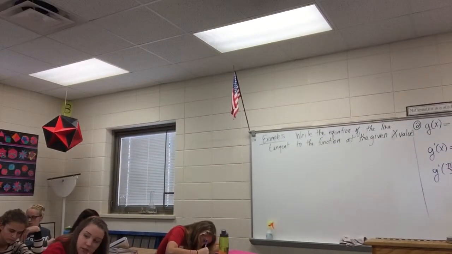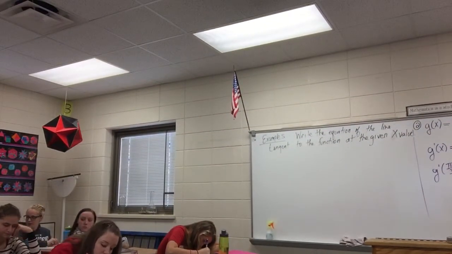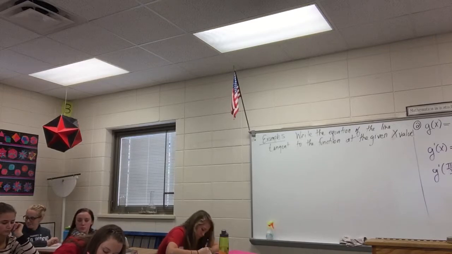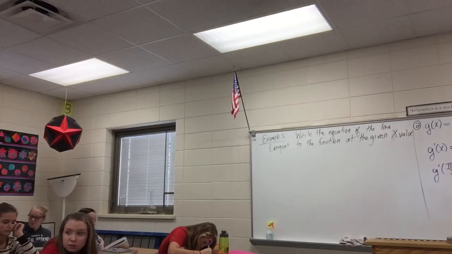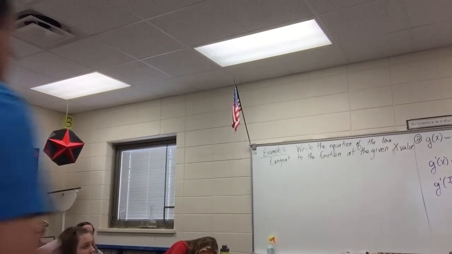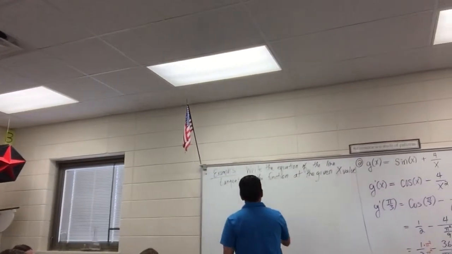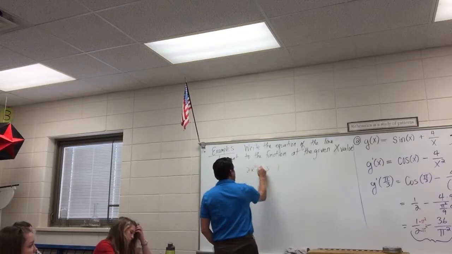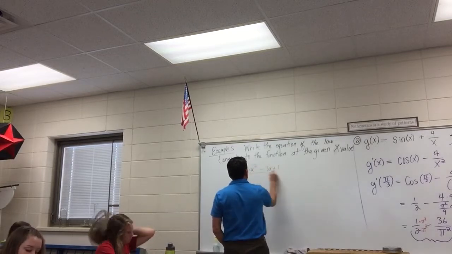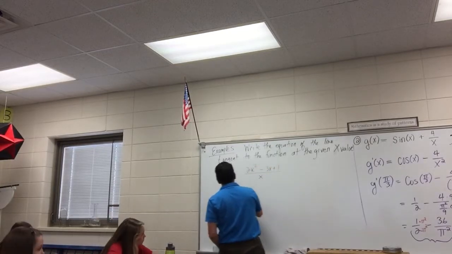And so the first one we're going to do is this: 2x squared minus 3x plus 1 all over x.